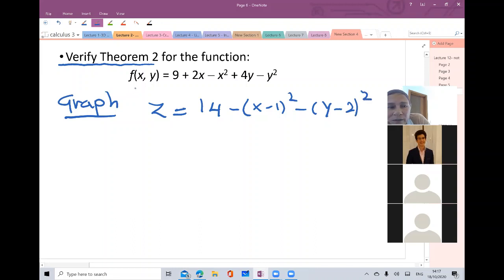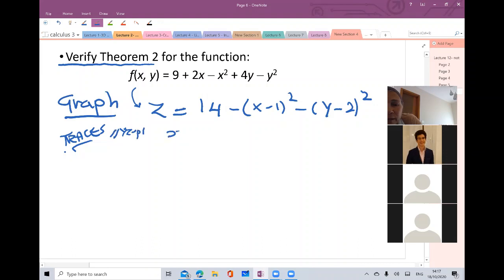I did completing the square and arrived at this form. Okay? When I do my traces, we want to do traces with a plane parallel to the XZ plane, and I put y equal to 2.